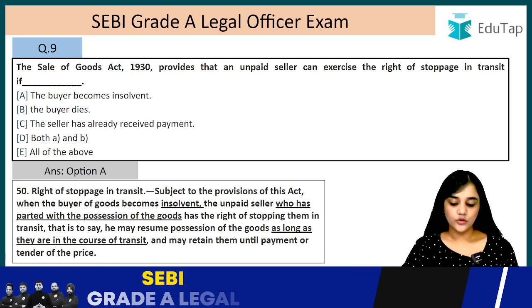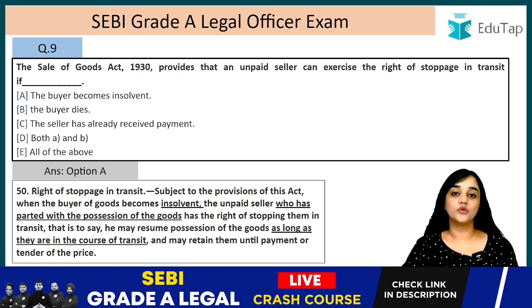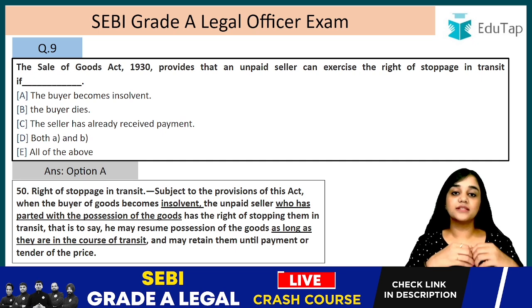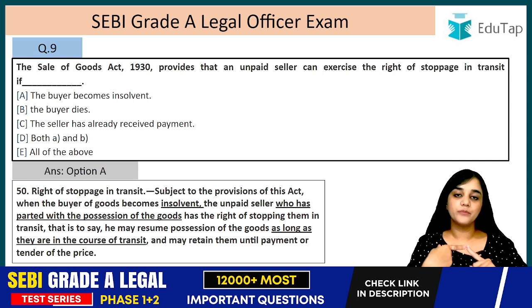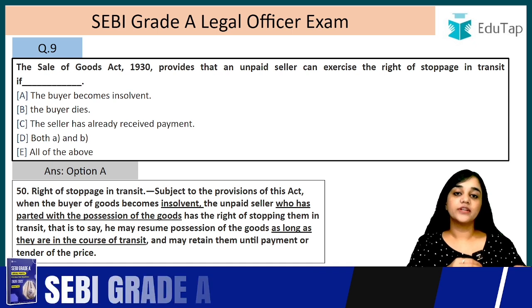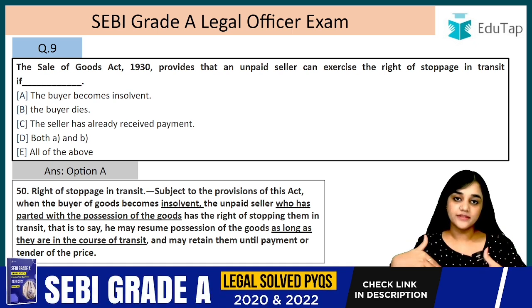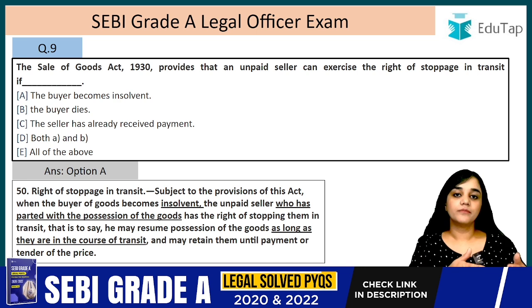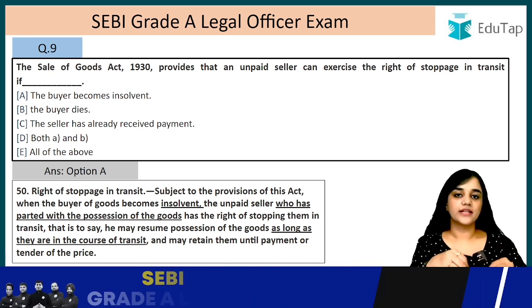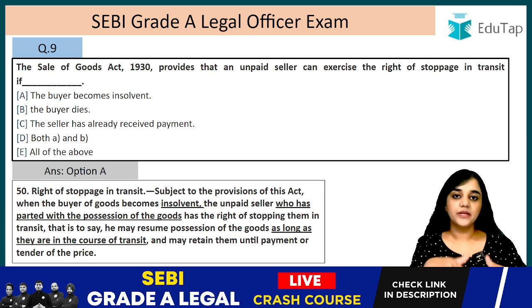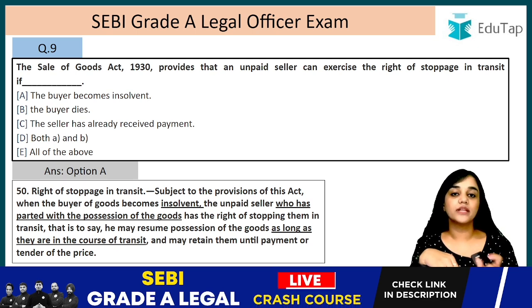The unpaid seller who has parted with the possession of the goods. Parted with the possession means that he has given up his possessory rights. He has given up the possession, and it is in transit. In transit means that it has not yet reached the buyer. ठीक है, जैसे हम बोलते हैं रास्ते में है.